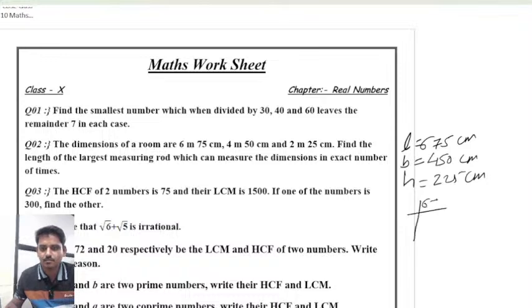675. So you divide by 3, then again by 3, then again by 3. So we have 25, 5, 5, 5, 1.